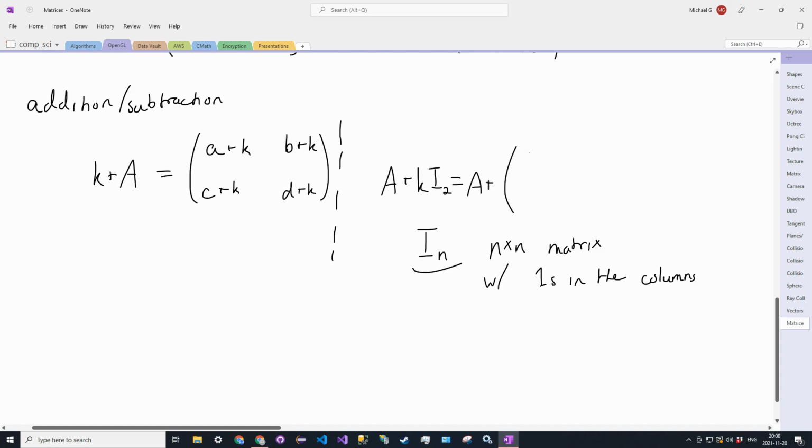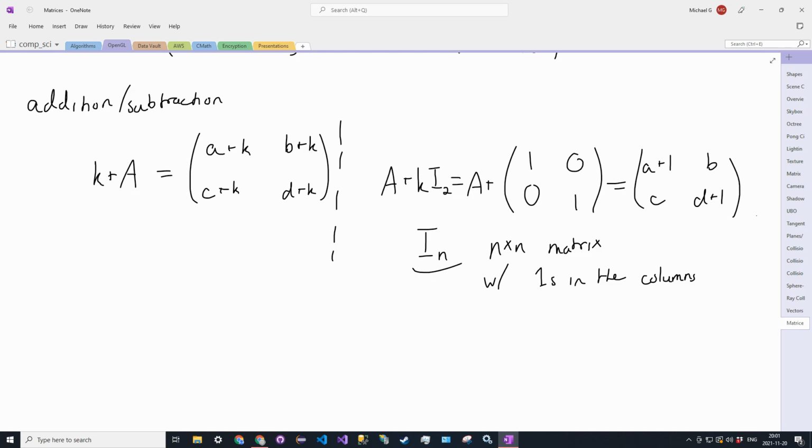So A plus K times 1, 0, 0, 1, which is equal to A plus K, B since it's unchanged, C unchanged, and then D plus K. This way is more used in linear algebra, specifically with finding eigenvalues. We don't really care about that for graphics, but it's just good to know that this is the second way that you can do that.